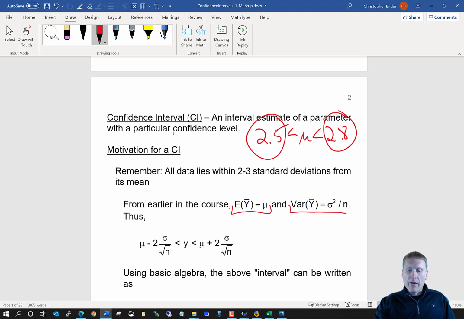We learned the variance of y bar is equal to sigma squared divided by n, where mu is the expected value of y sub i for i equal 1 to n, where n is my sample size. And this sigma squared here is the variance of y sub i.